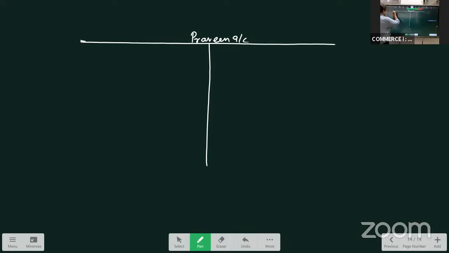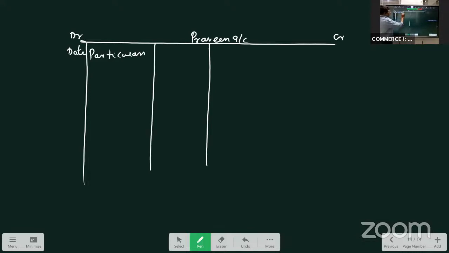What is the left hand side called as? Sir, it is called as debit. What is the right hand side? Sir, it is credit. What are the columns? Sir, we have date column, we have particulars column. Sir, then we write JF column, where J stands for journal, and then we take amount column.